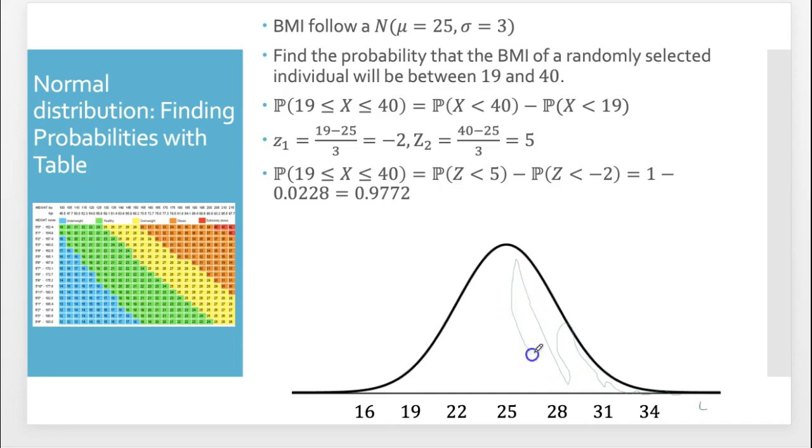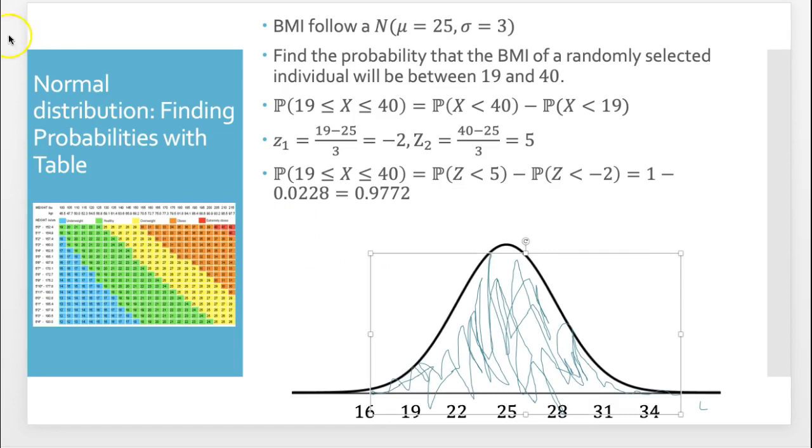Pretty much just the entire curve, if you're thinking about less than 40. So this probability should be pretty close to 1. And remember, we want to find the probability of being between 19 and 40.